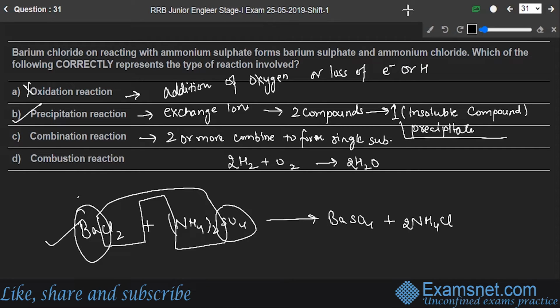This is your combination reaction. Let's move to the last one, the combustion reaction. All combustion reactions are exothermic. For example, burning of wood, coal, kerosene, charcoal, etc. These are your combustion reactions in which lots of heat and light is evolved. That means you have option B as the right answer.